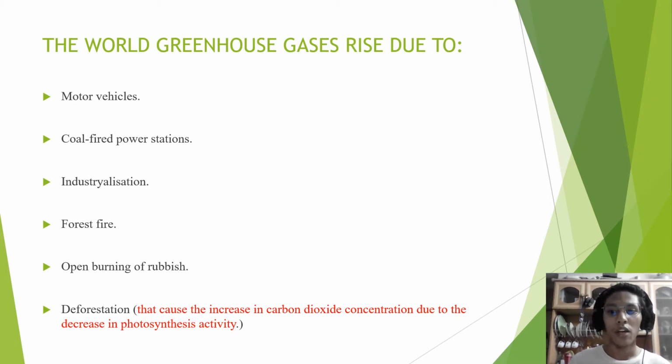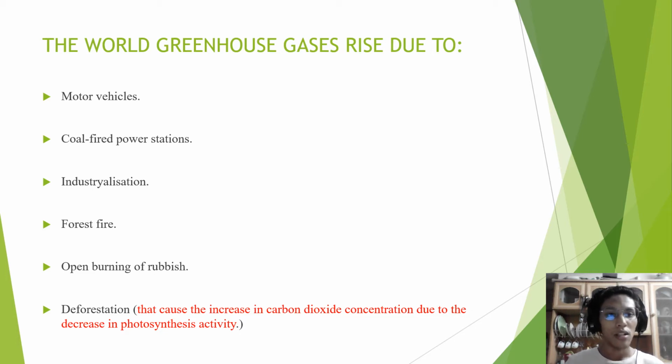For example, in Malaysia we have many cars produced in a year, and can we imagine we have 27 million Malaysian citizens, and if we assume all Malaysian citizens have vehicles, can you imagine how many pollutant gases, for example carbon monoxide, came from the motor vehicles produced in a year? This can lead to the rise of greenhouse gases, which is the carbon monoxide.